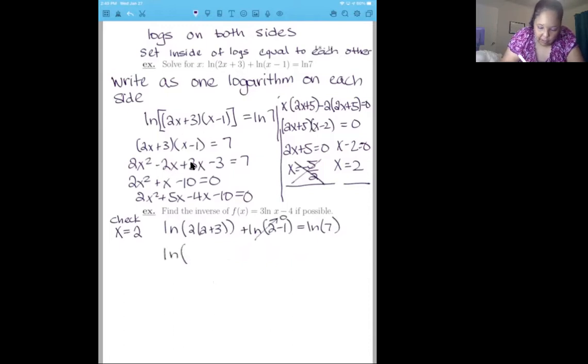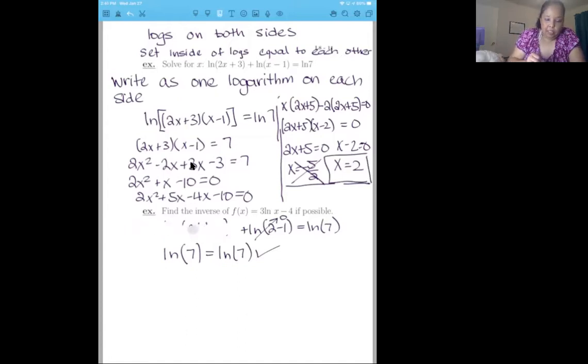So now I have... what did I do wrong? Oh, I missed a parentheses. There we go. So I have 2 times 2, which is 4, plus 3, which is 7. So natural log of 7 equals natural log of 7, and that's true. All right, so my solution is x equals 2.